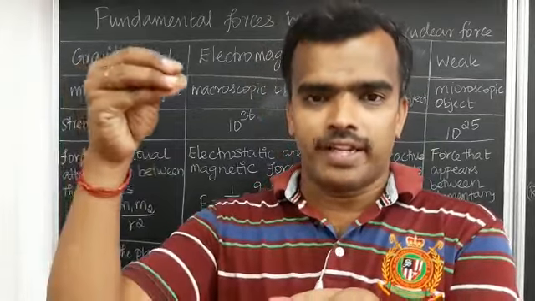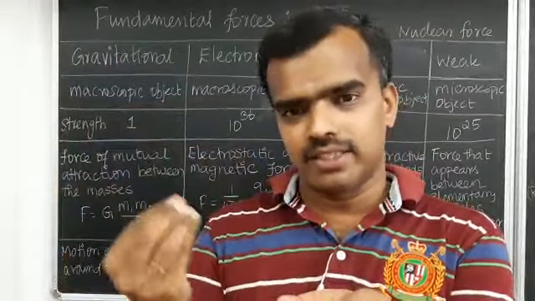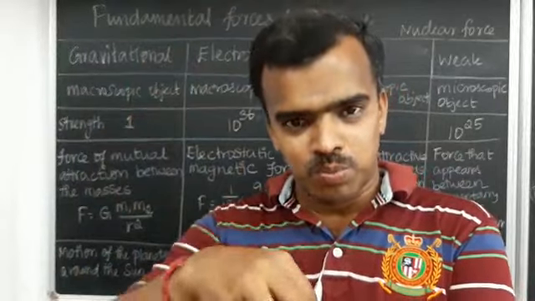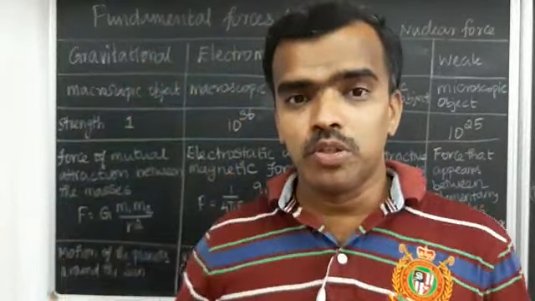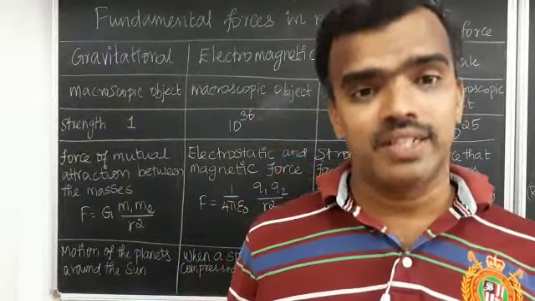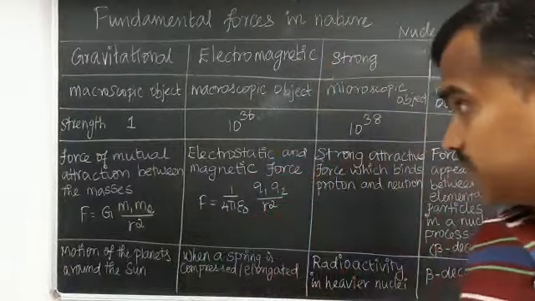We bring that bar magnet near that iron needle. What will happen? Yes, it gets attracted and lifted, right? So against gravity it is pulled up due to electromagnetic force. That's why it is much greater than gravitational force.